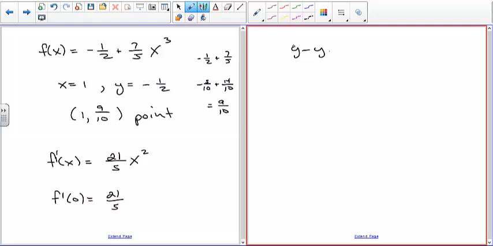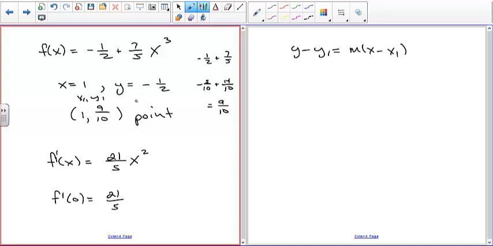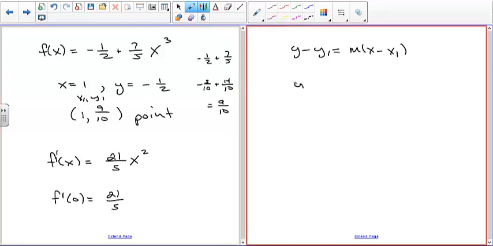Now we use the point slope form of the linear equation to come up with the equation for the tangent line. So this is x1, y1. We get y minus y1 is equal to m, which is 21/5, times x minus x1, which is 1.